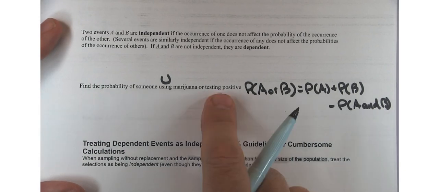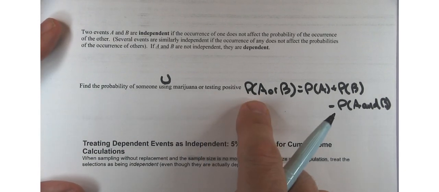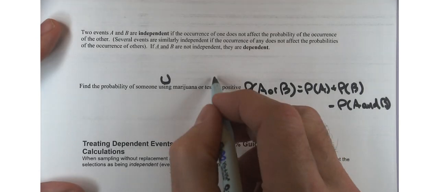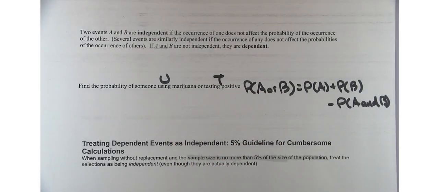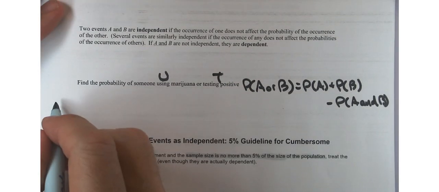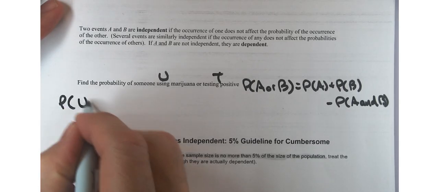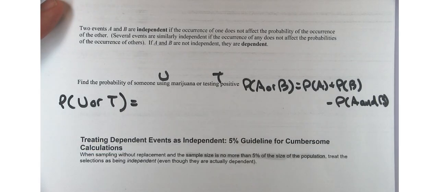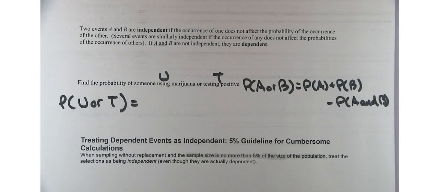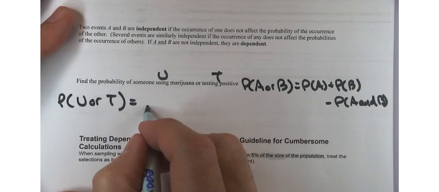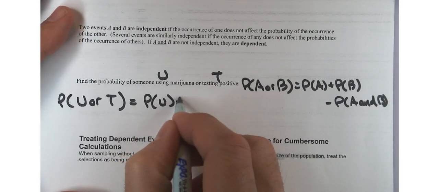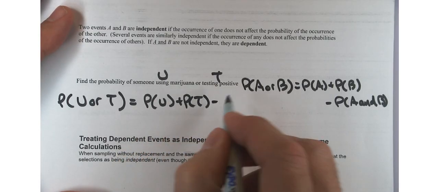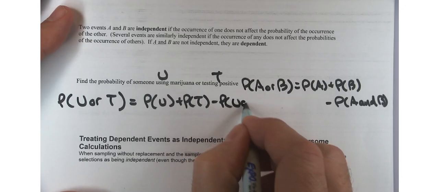I don't want to use P because I don't want P of P, so T. All right, so what we want to find is the probability that they use or test positive. And accordingly, this is going to be the probability of U plus the probability of T minus the probability of their intersection.